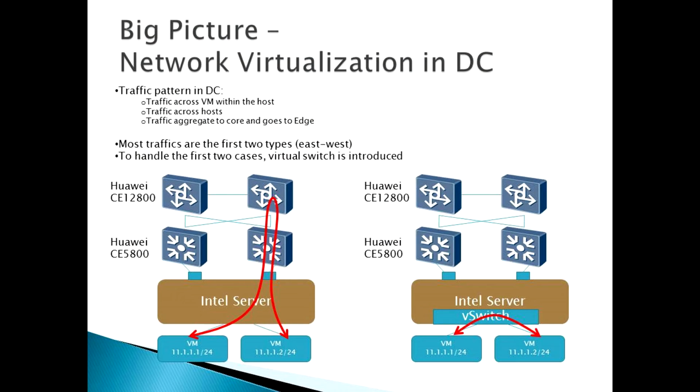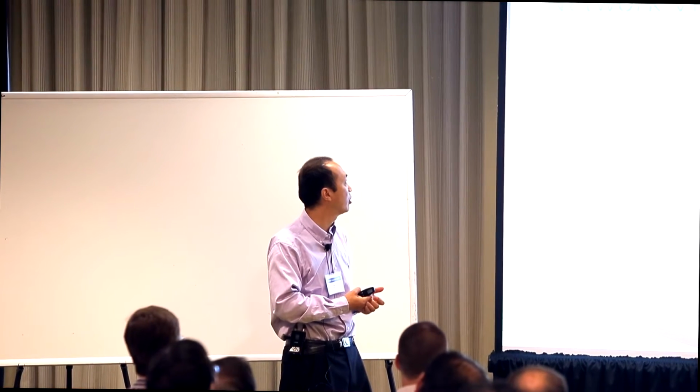Before diving in further, we want to see how traffic is handled in data centers. Typically, there are three data traffic patterns in the data center. First, the traffic goes across virtual machines within the host, like VM1 to VM2, the typical case. Case 2 is traffic that goes from a VM in host 1 to another VM in another host.